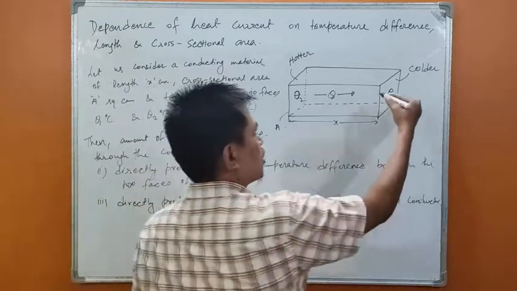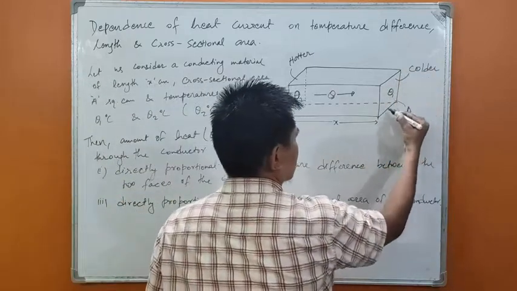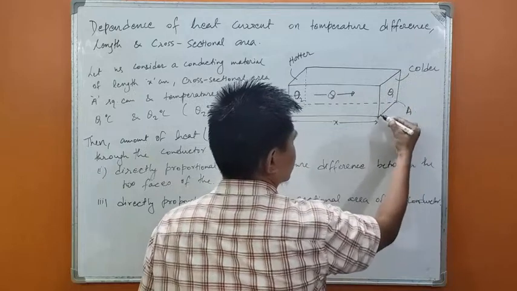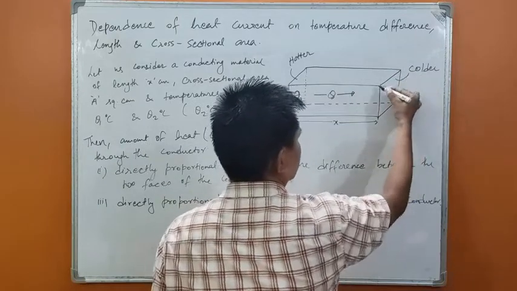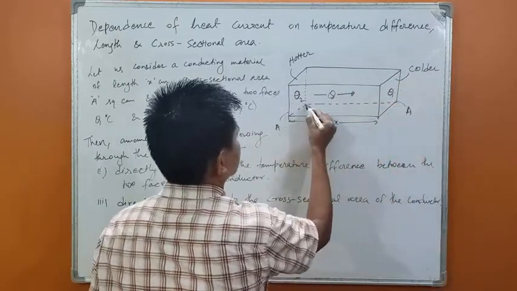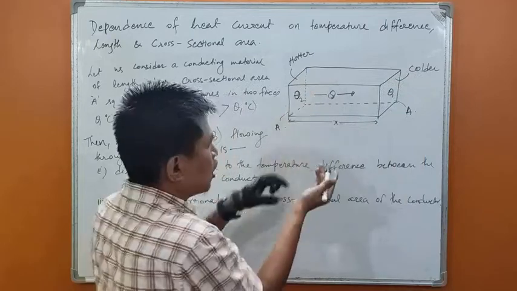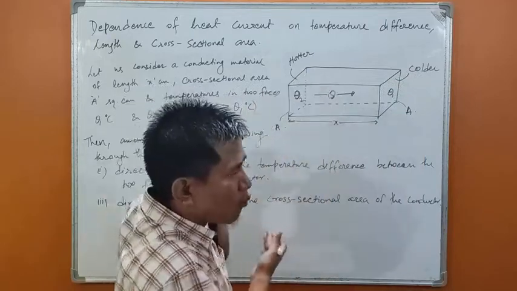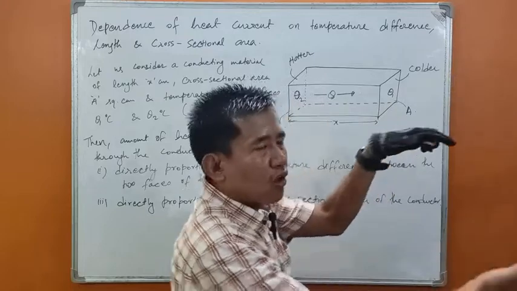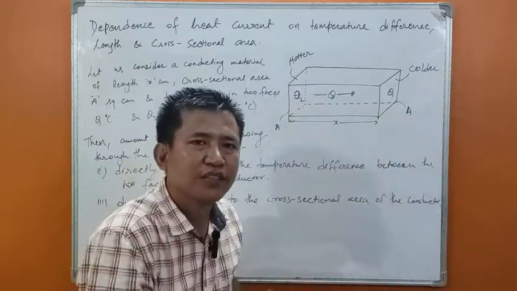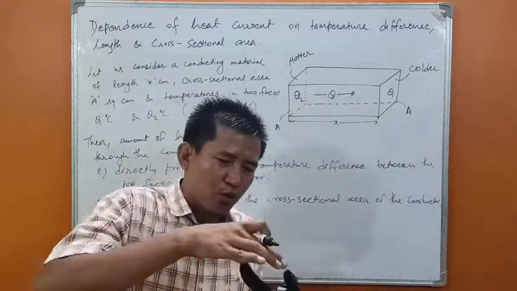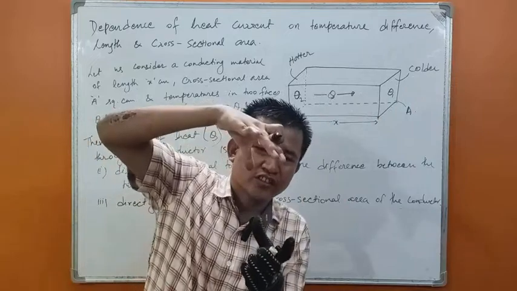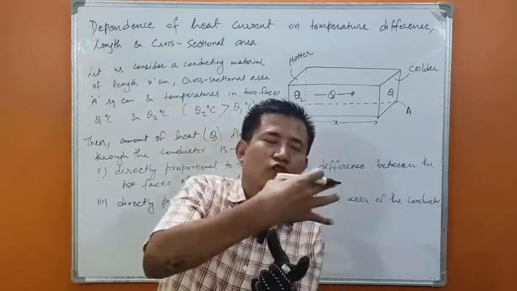Which means this is the cross-sectional area of the conductor, isn't it? This is the cross-sectional area of the conductor. More the cross-sectional area, more amount of heat will flow. Lesser the cross-sectional area, less amount of heat will flow. More the cross-sectional area, more water will flow.